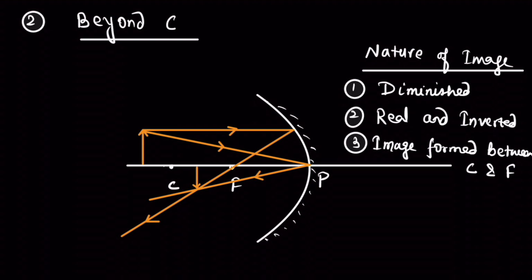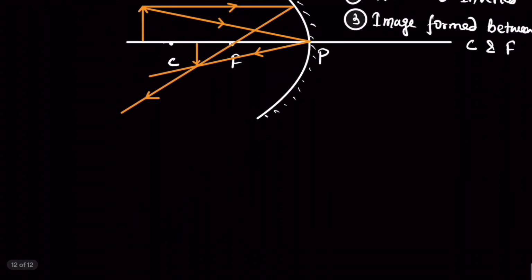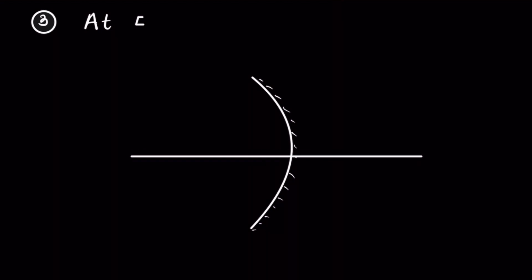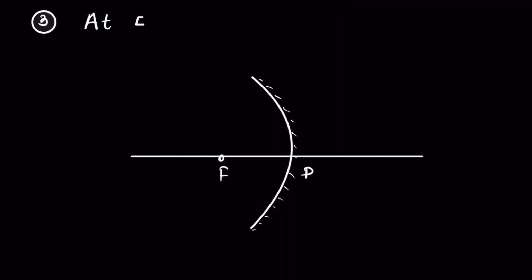Now let's move to the third case. The position of the object is at center of curvature, at C. So here this is our concave mirror, principal axis, pole, focus, center of curvature, and here is the position of the object.